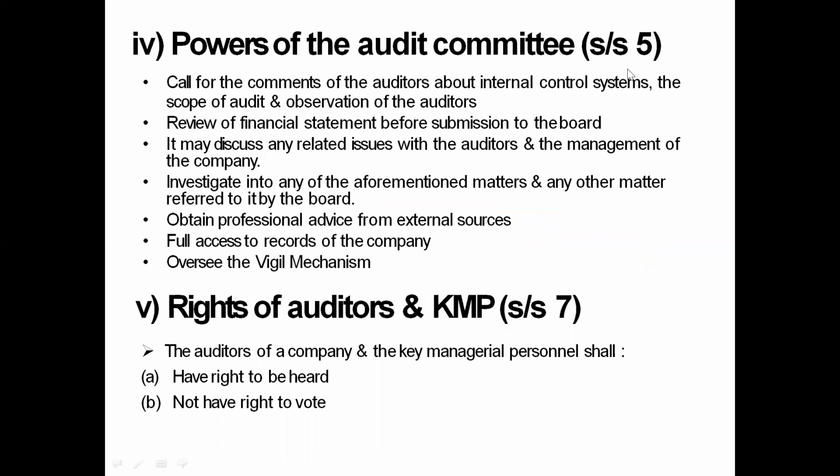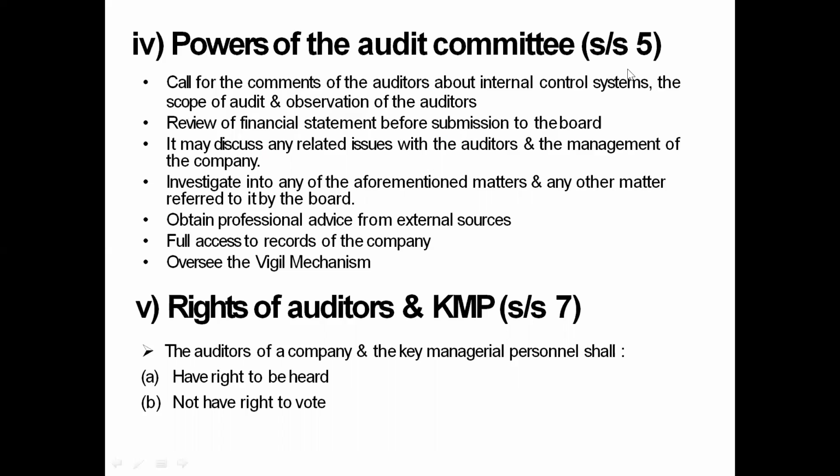Another purpose of audit committee as given under subsection 5 is to call for the comments of the auditors about internal control system, the scope of audit and observation of auditors, and review of financial statements before submission to the board. It may discuss any related issues with the auditors and the management of the company, investigate into any of the aforementioned matters, any other matter referred to it by the board, obtain professional advice from external sources, have full access to records of the company, and oversee the vigil mechanism.